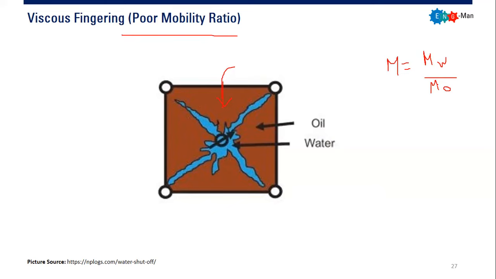Okay, so if you have mobility ratio greater than 1, it means that your water will move faster than your oil, all right? And when you inject, your water will just go directly and fast to the producer. And this phenomenon, we call viscous fingering.